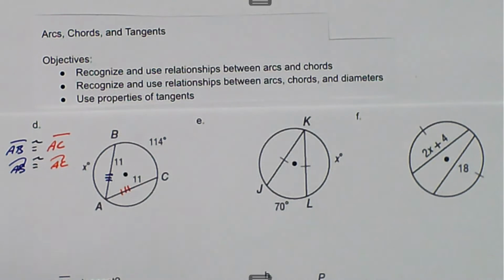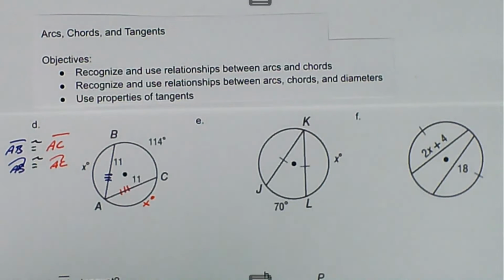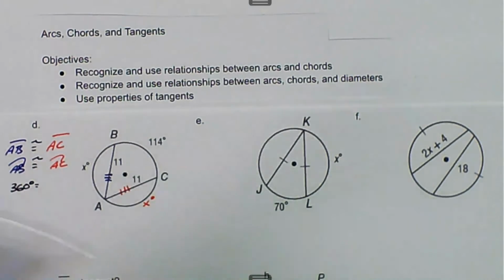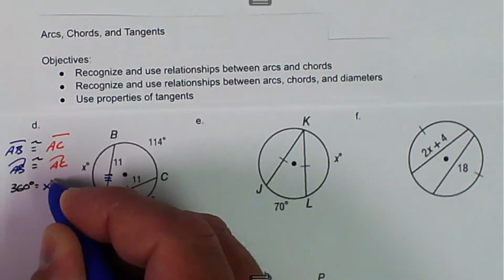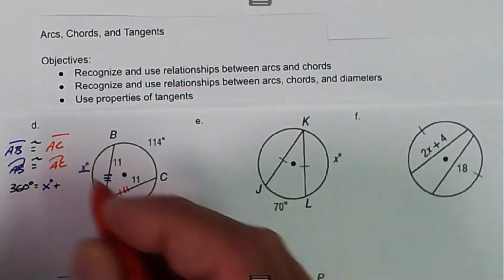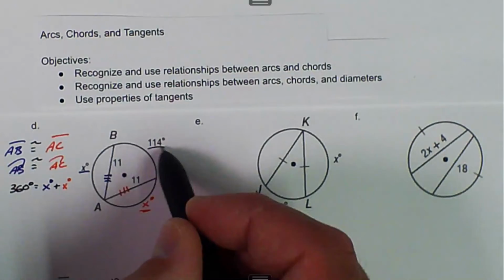So if that's the case, then we know that AC is also equal to x. And in that case, we know that all of the angles of a circle add up to 360 degrees. So we can say 360 degrees is equal to x plus x plus 114.